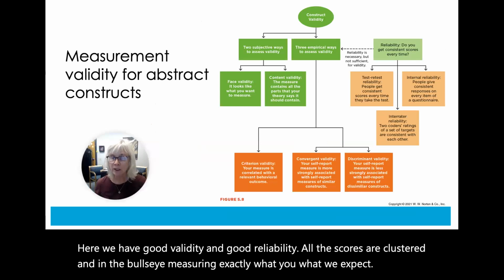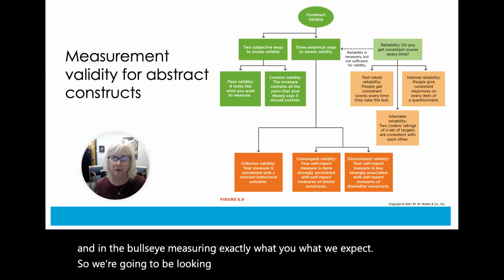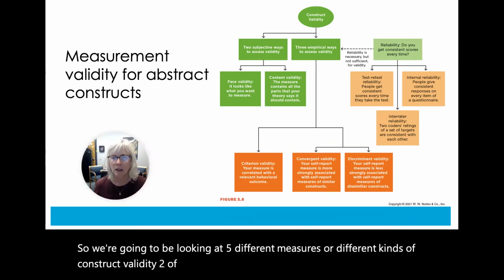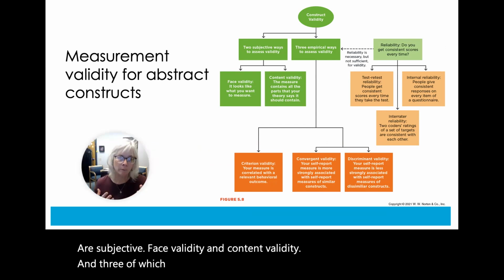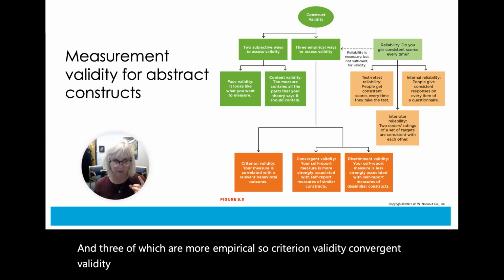So we're going to be looking at 5 different kinds of construct validity, 2 of which are subjective, face validity and content validity, and 3 of which are more empirical: criterion validity, convergent validity, and discriminant validity.